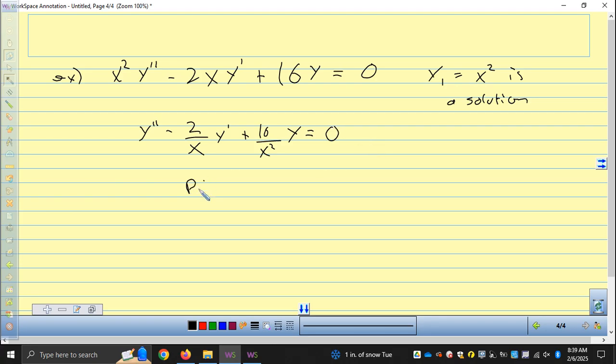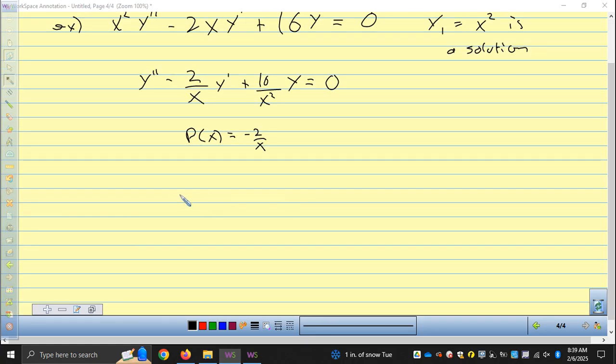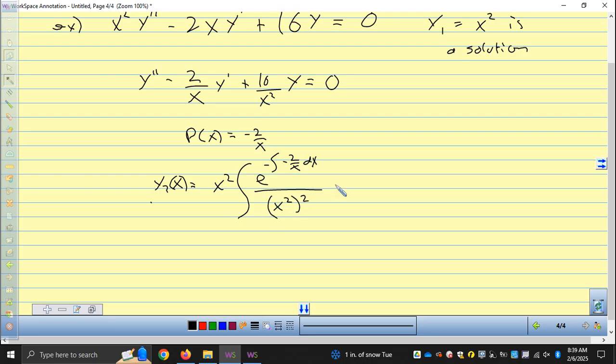P of x is negative 2 over x. So our second solution, y2 of x, is our first solution, x squared, times the integral of e to the negative integral of negative 2 over x dx, over x squared squared dx.